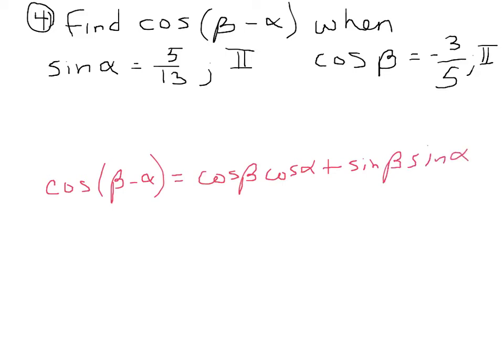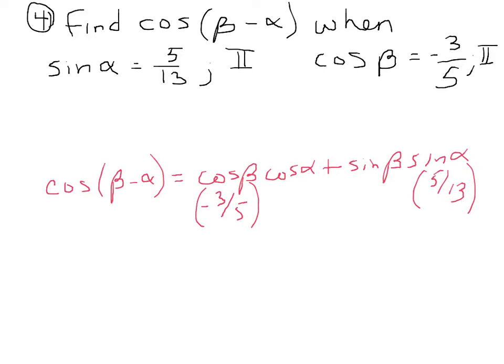So I need to know what those values are, because right now I have sine of alpha, and we know that the cosine of beta is negative 3/5, but we still need to figure out cosine of alpha and sine of beta.